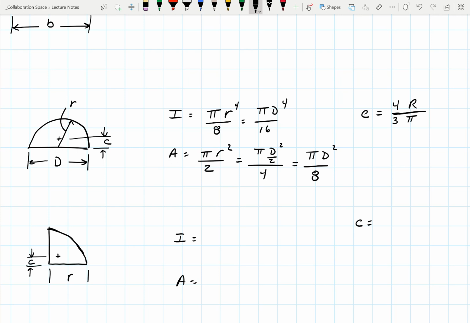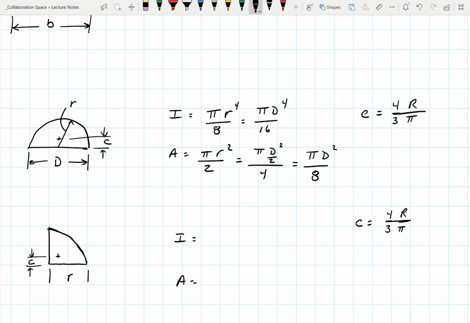It bounces both ways. All right, so C for this is 4/3 r over pi.